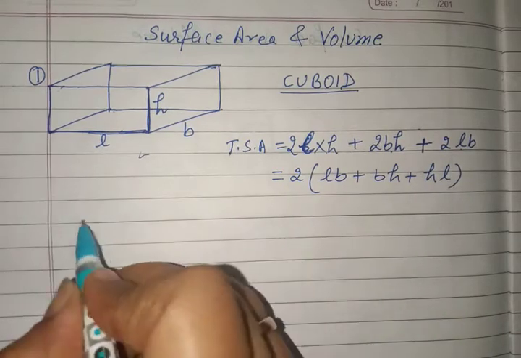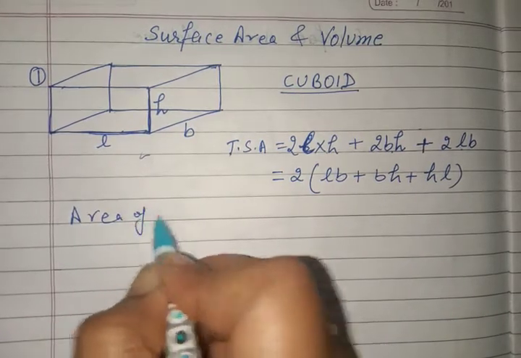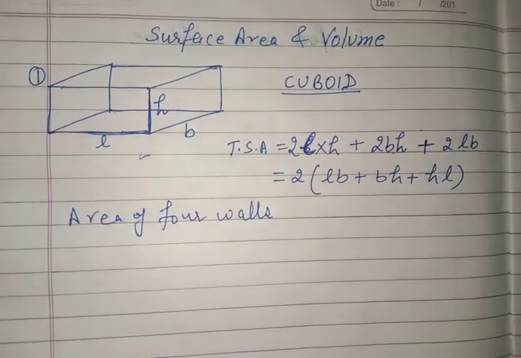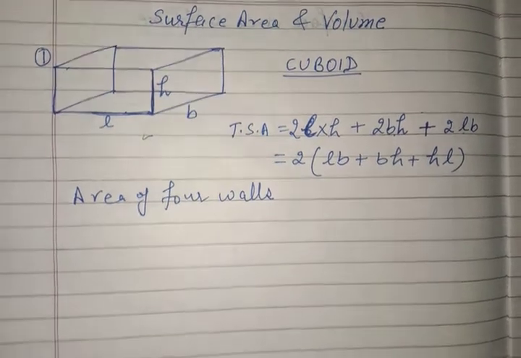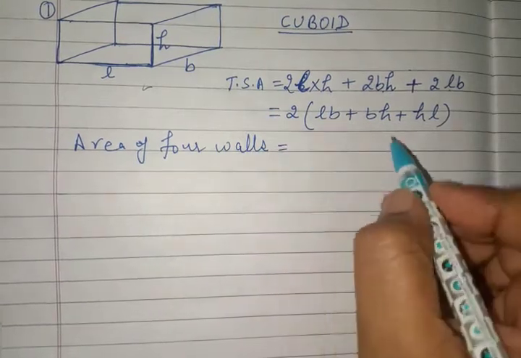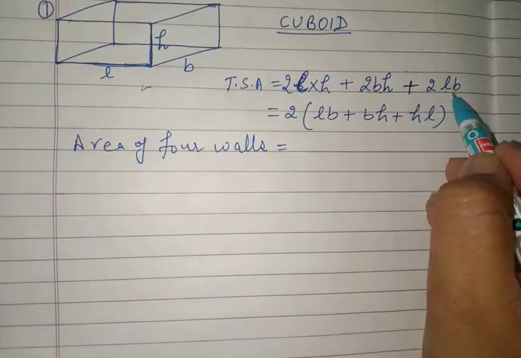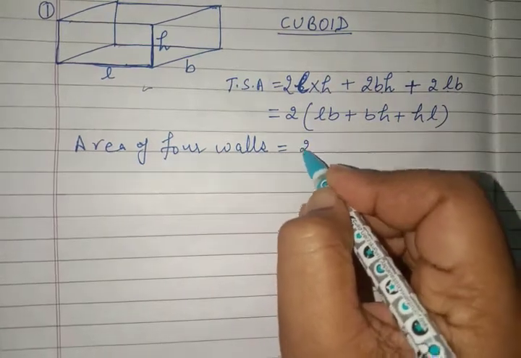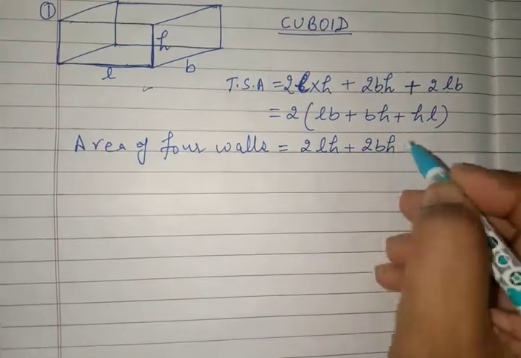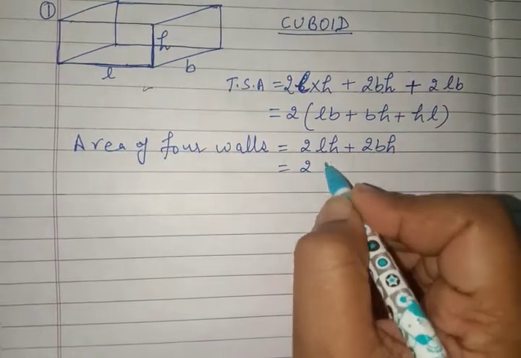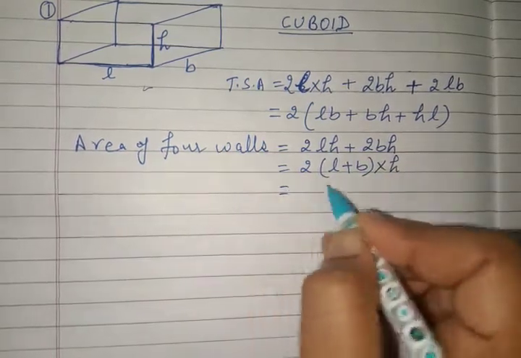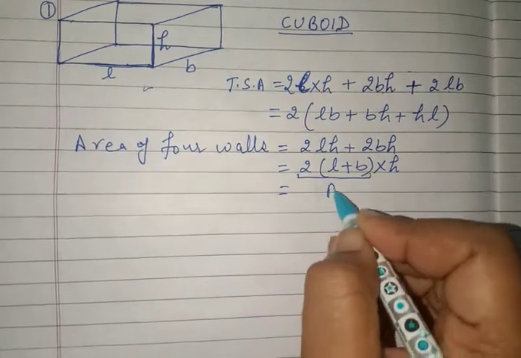If we consider the area of 4 walls, means without roof and without floor, we will not consider the roof and we will not consider the floor. So the area of 4 walls will become 2LH plus 2BH. If we take 2 common, it will become 2(L plus B) into H. And in place of 2 times (L plus B), we can write the perimeter.